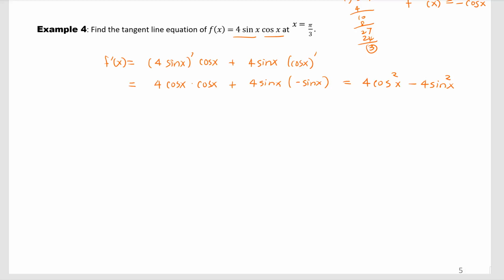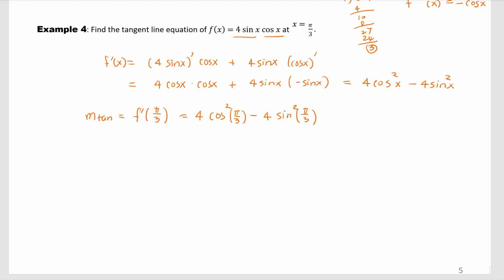And then we're looking for the derivative at x equals pi over 3. So pi over 3, what is that? Well, we plug in the m tangent equals f prime evaluated at pi over 3. So that is 4 cosine pi over 3 squared minus 4 sine pi over 3 squared.